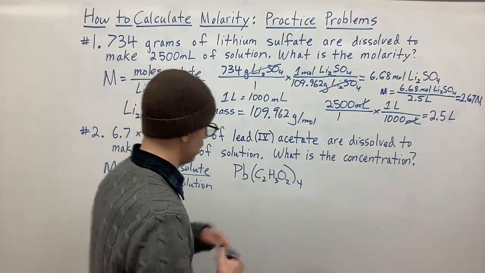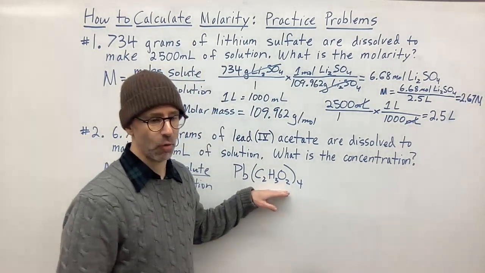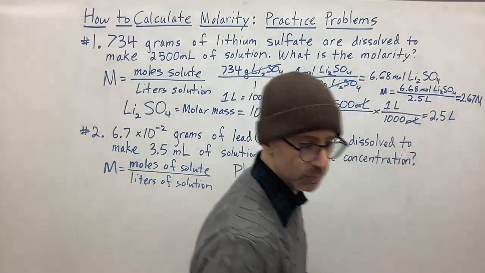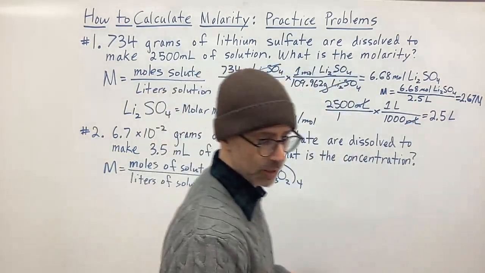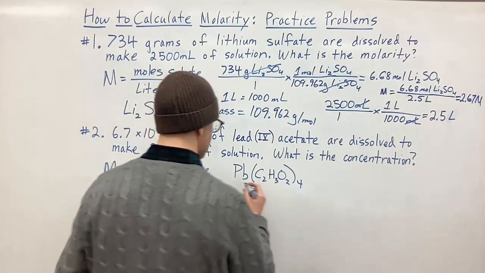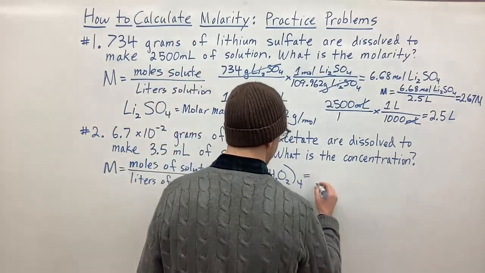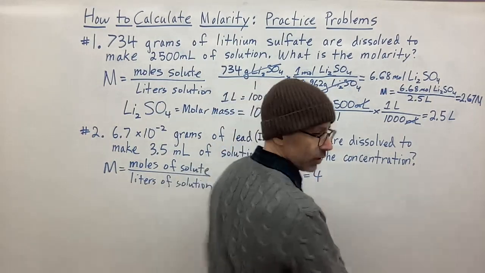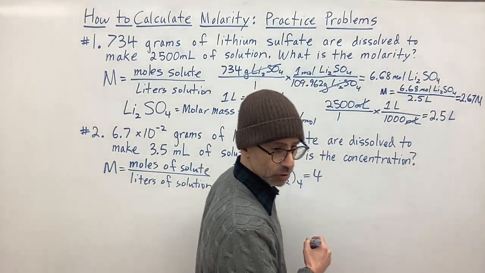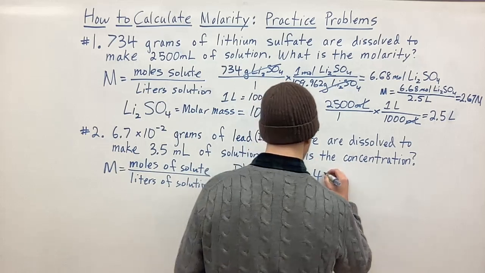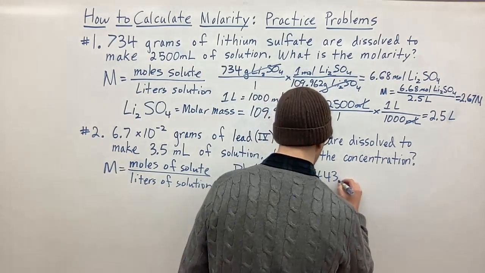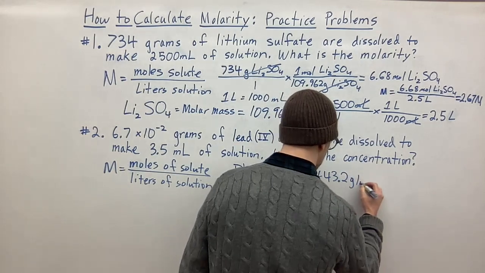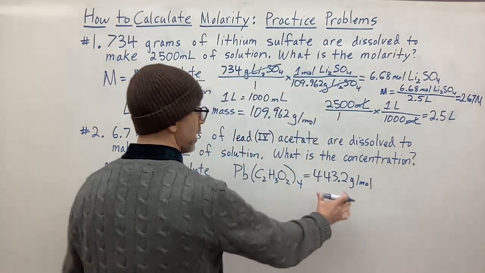So there's our formula for lead 4 acetate. All right, so what's the molar mass? We got 443.2 as I calculated. So the molar mass of this is 443.2 grams per mole.